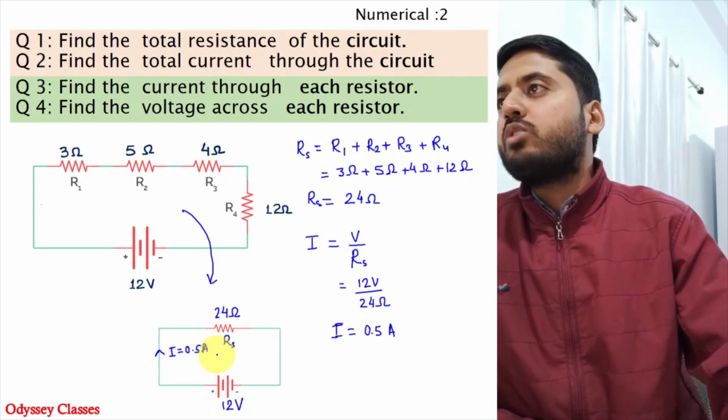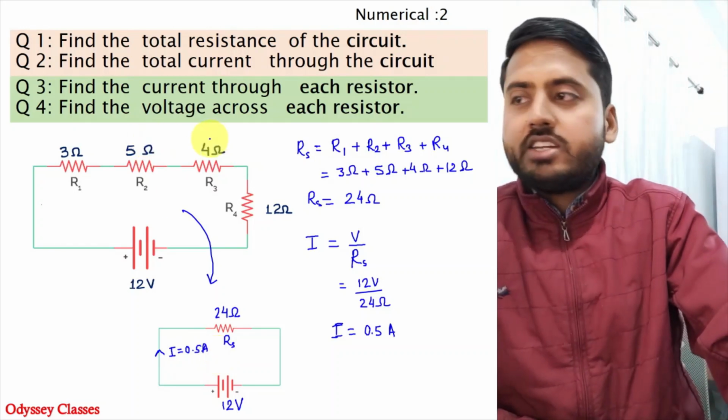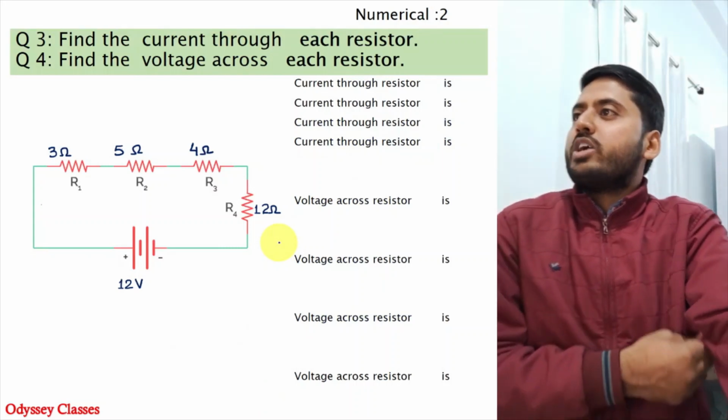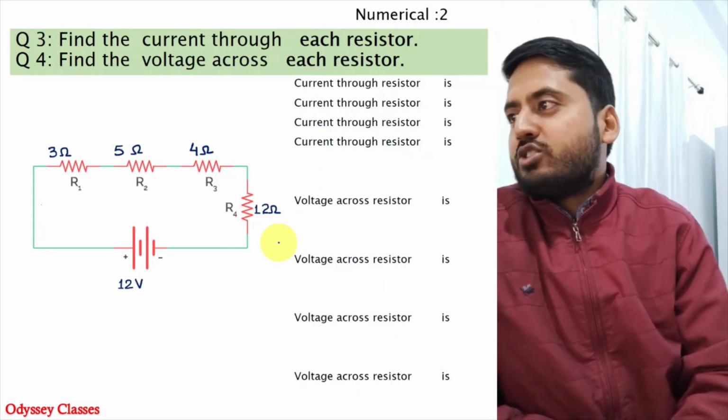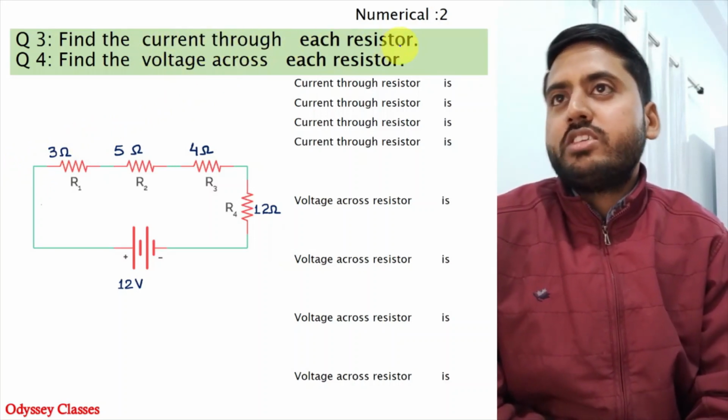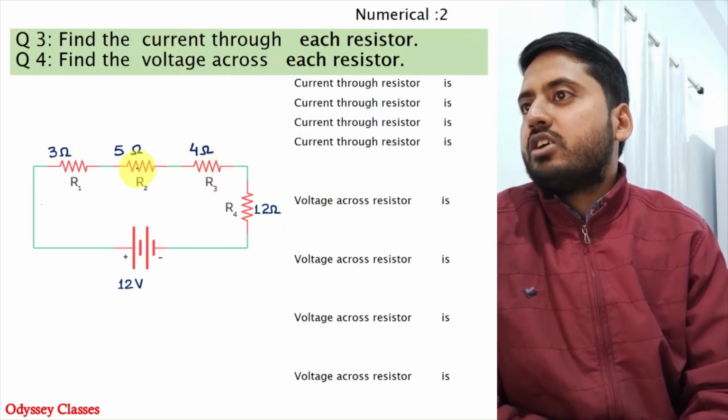So this is part 1 and part 2. It will hardly take any time. Now let's move to question number 3 and 4. So we all remember what we have to find. We have to find current through each resistor. So here we have 4 resistors.